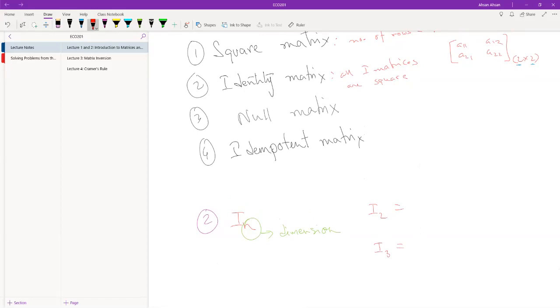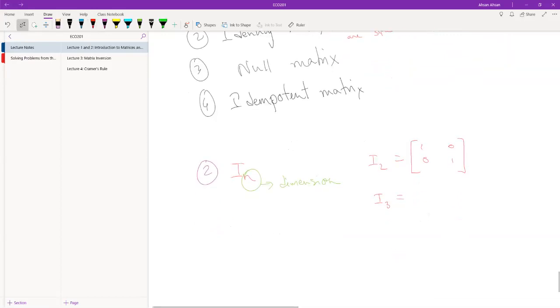And what an I2 is, is simply this. This is 0, in case that wasn't obvious. And a 3x3 identity matrix is simply this.